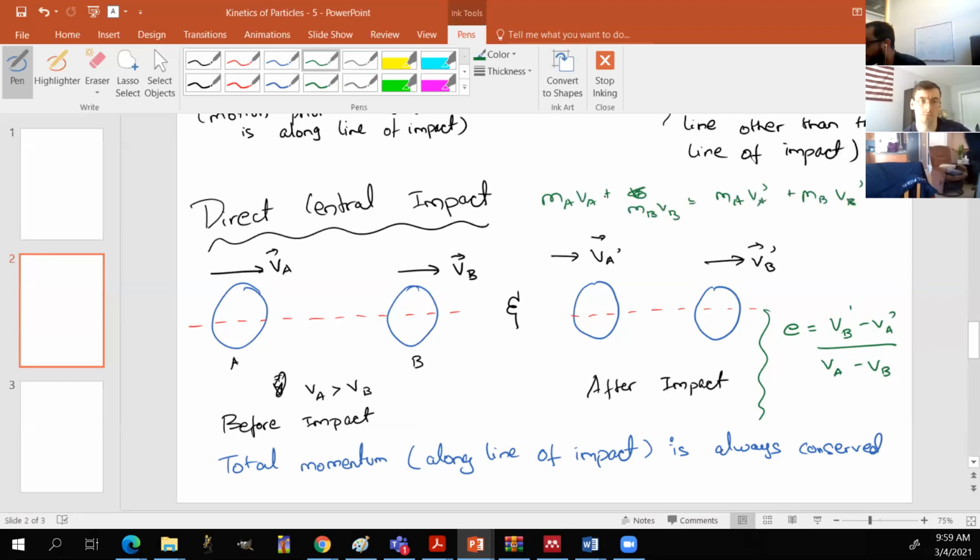The reason for this plus is because they're both moving in the positive x direction. But if VB was moving the other way, this would be a minus. This expression would still remain the same because these are still unknown. When you're solving for unknowns, always assume they're in the positive direction. Whatever your answer comes out to be, you can fix that later on. I hope I answered your question. Yes, sir, now it makes sense.